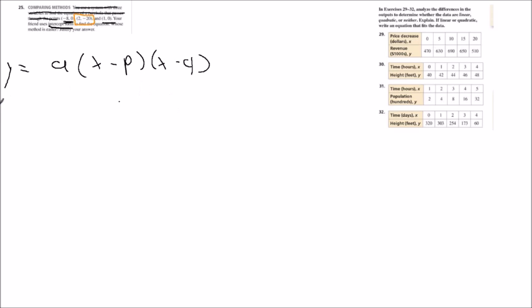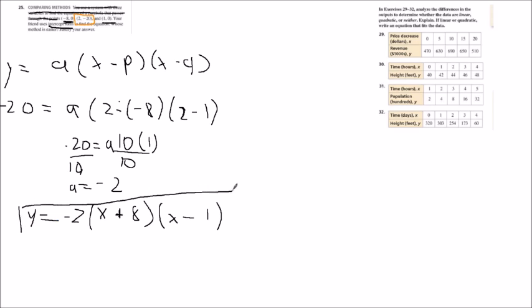So -20 is equal to a times 2 minus p, where p is -8, and then 2 minus q, where q is 1. So we got 2 minus -8 is 10, 2 minus 1 is 1, a times 10 times 1.